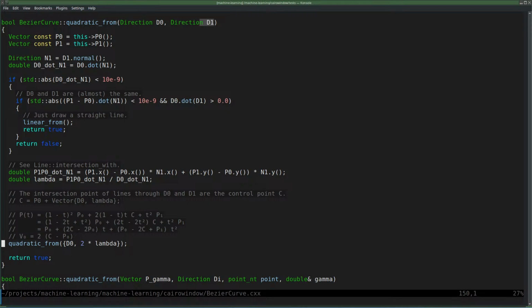You mean I only have 2 points, P0 and P1. Yeah, they were initialized during construction of the Bezier curve.